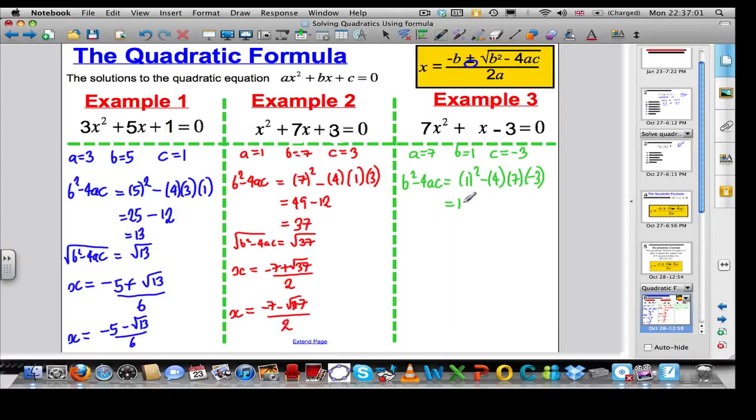So it's going to be 1 minus minus 84. Two negatives become a plus, so you get 85.